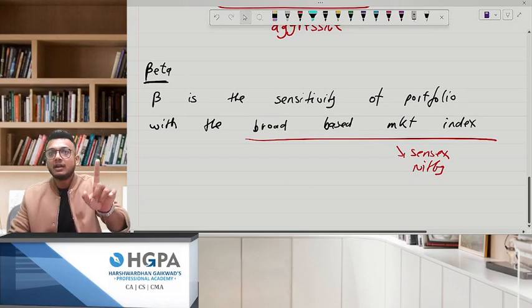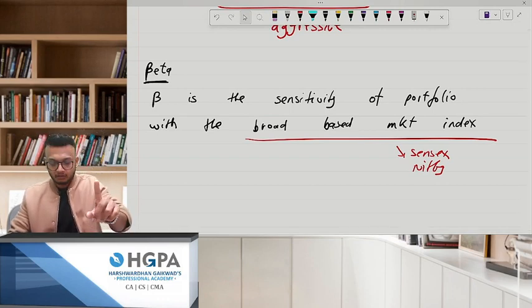This is number 1. And now do one thing. Did you write 1.20 meaning and 0.90 meaning? If not, write it down.